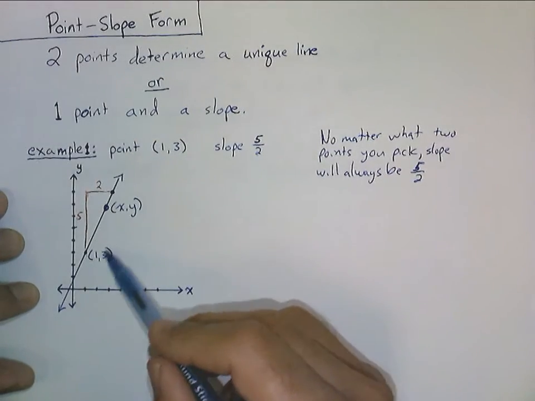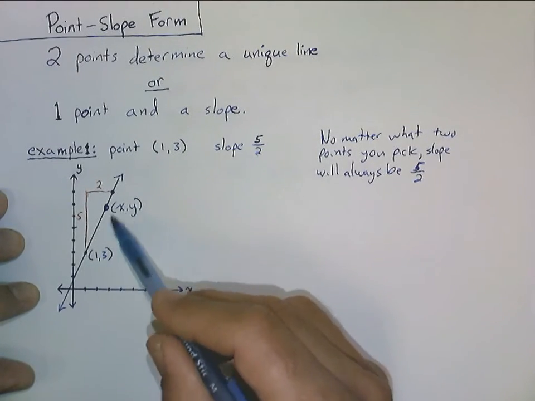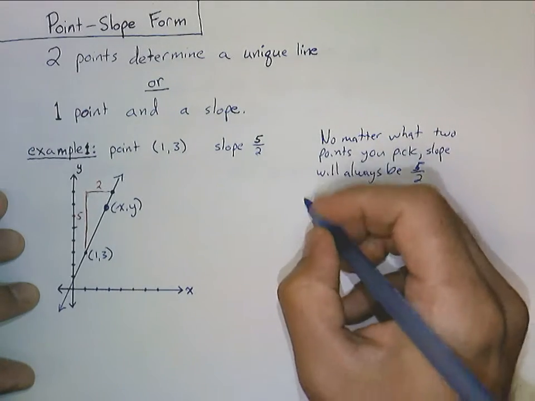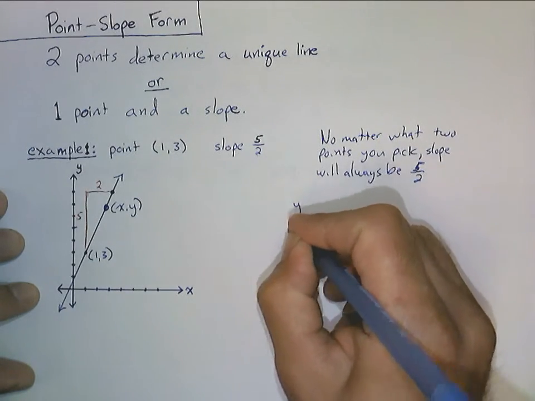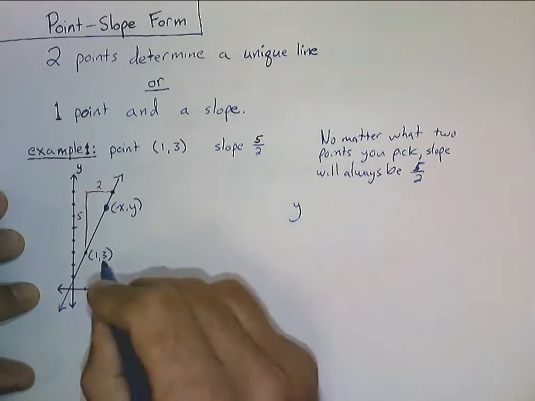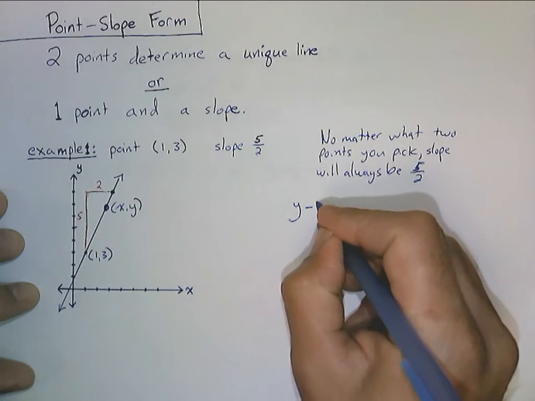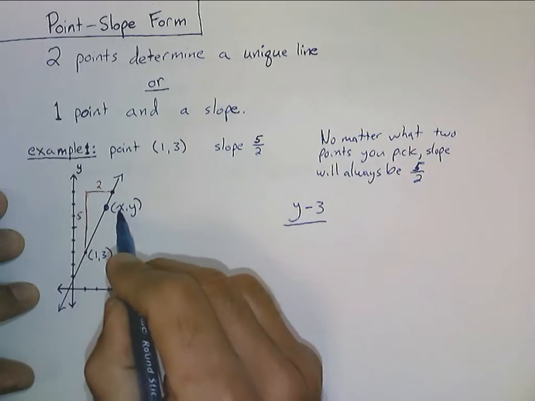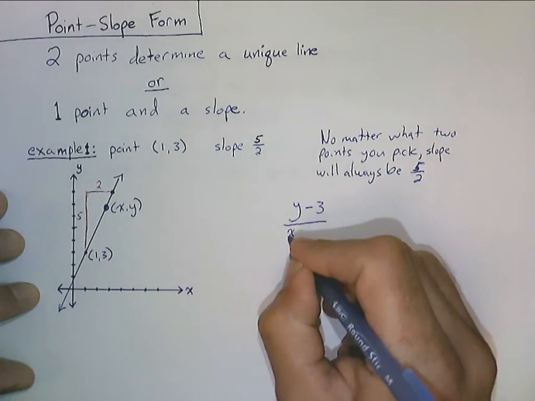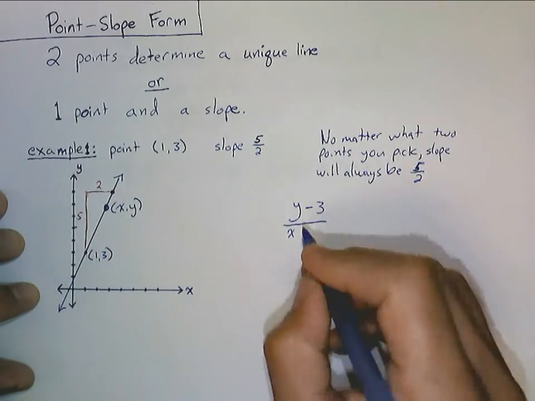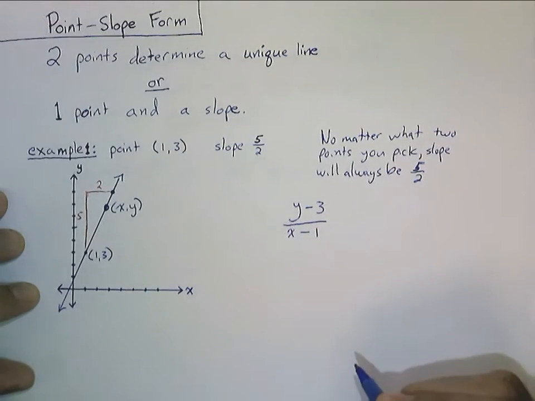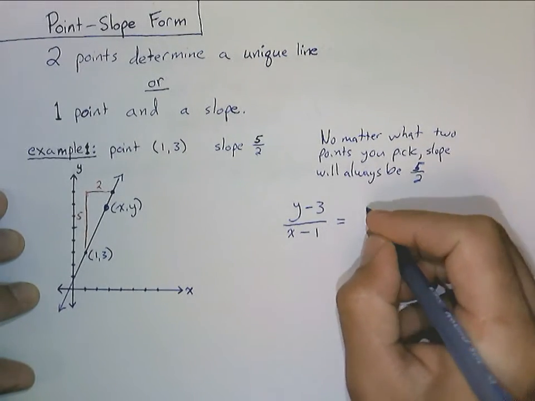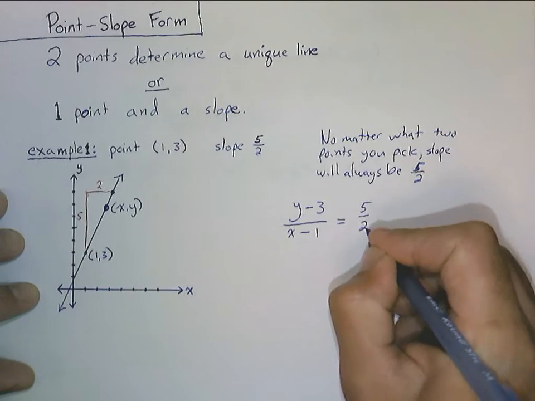It's the difference in the y-coordinates divided by the difference in the x-coordinates. So we take the y-coordinate of the second point, y, and we subtract the y-coordinate of the first point, 3. We divide that by the x-coordinate of the second point minus the x-coordinate of the first point. And that will be equal to 5 halves.